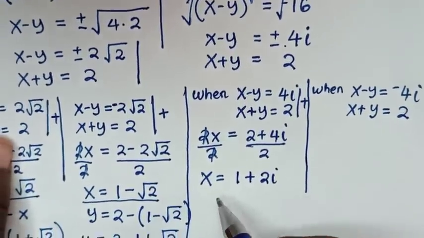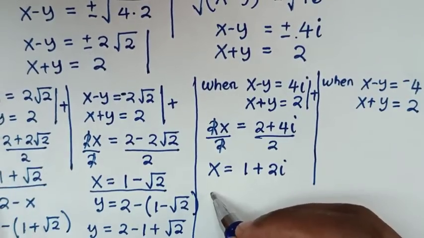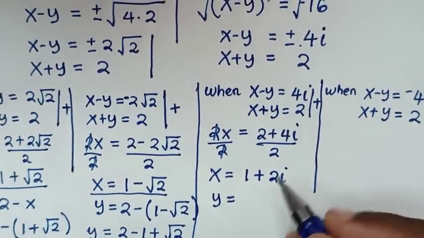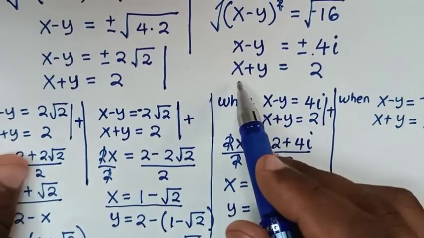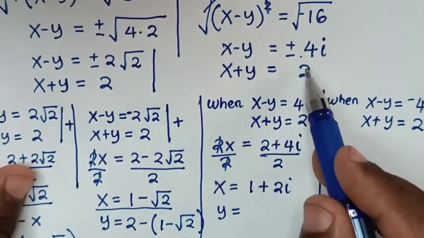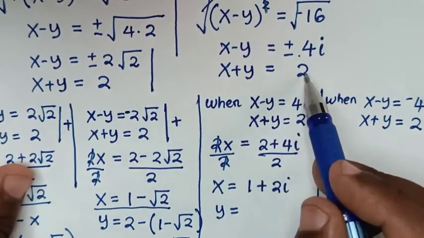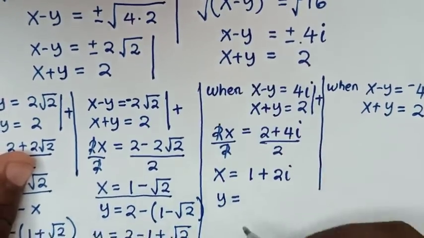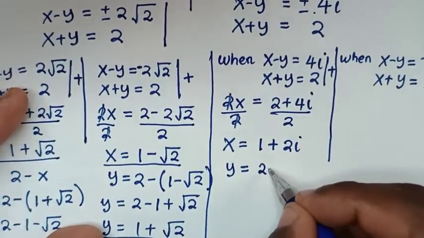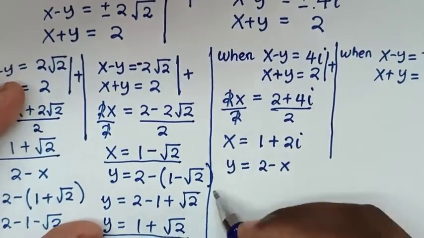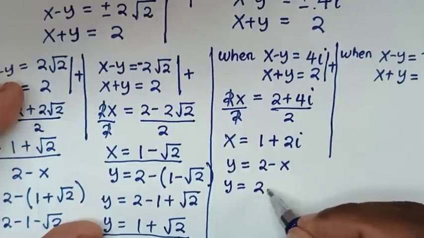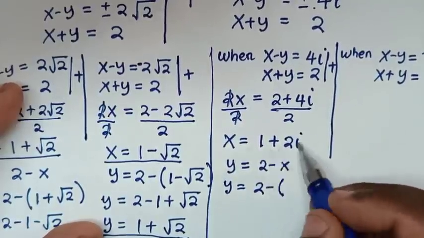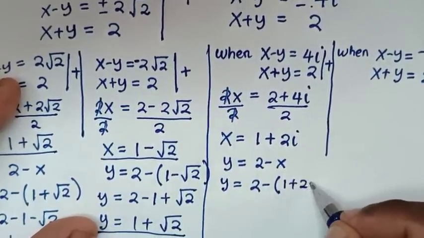Then here we have x. To find the value of y, we take x to this side, so y is 2 minus x. So y is equal to 2 minus the bracket, our x is this, 1 plus 2i.